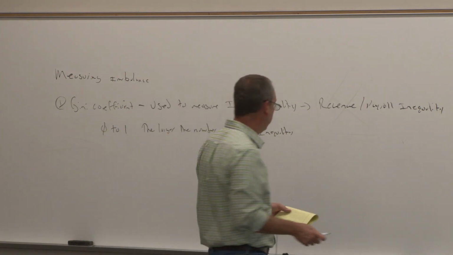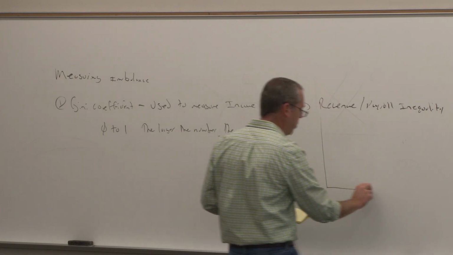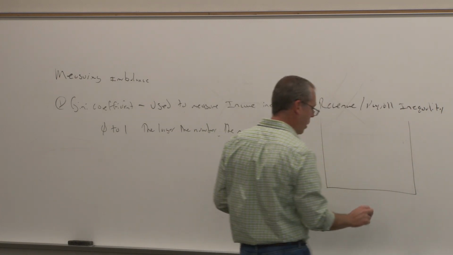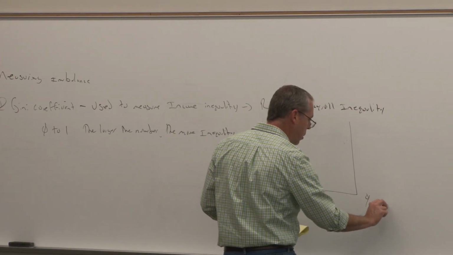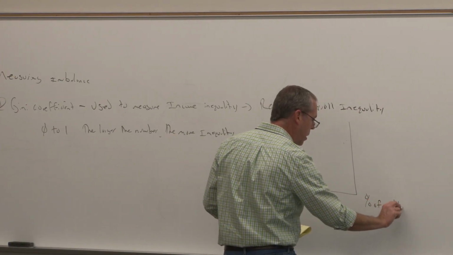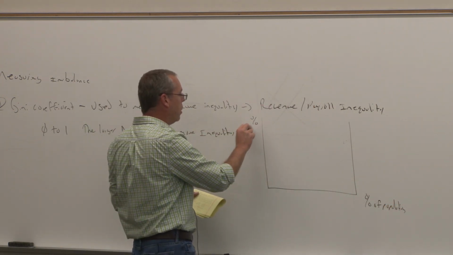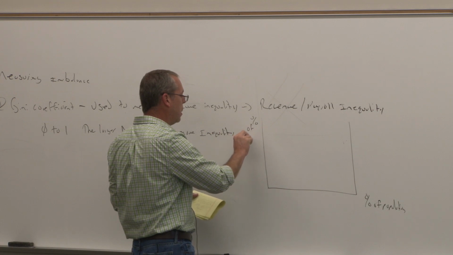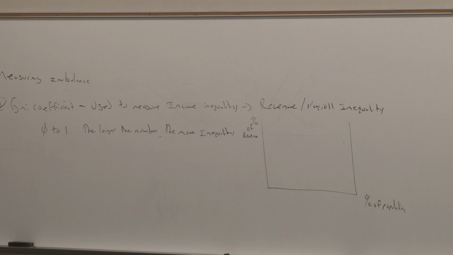So let's review what this is. This can be for anything. Let's put percent of the population here. Over here we could have percent of revenue, or if we're doing people, percent of income, or if we're doing payroll, percent of payroll. It could be any number that you want it to be, anything that you want to look at.